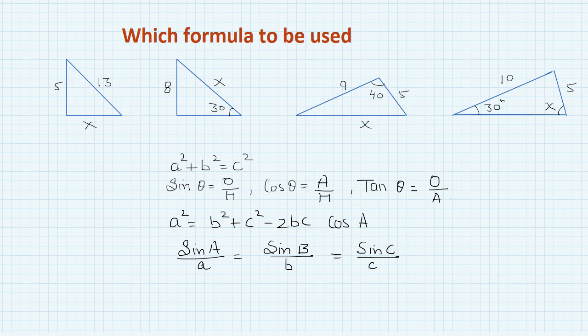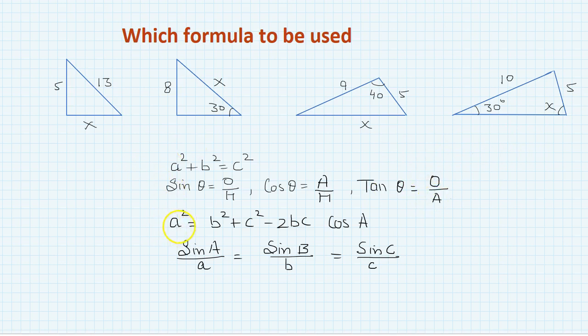Now when we deal with the triangle, there is sometimes a confusion about which formula to use. We have 4 types of formula: a square plus b square is equal to c square. Then sine theta is opposite over hypotenuse, cos theta is adjacent over hypotenuse, and tan theta is opposite over adjacent.